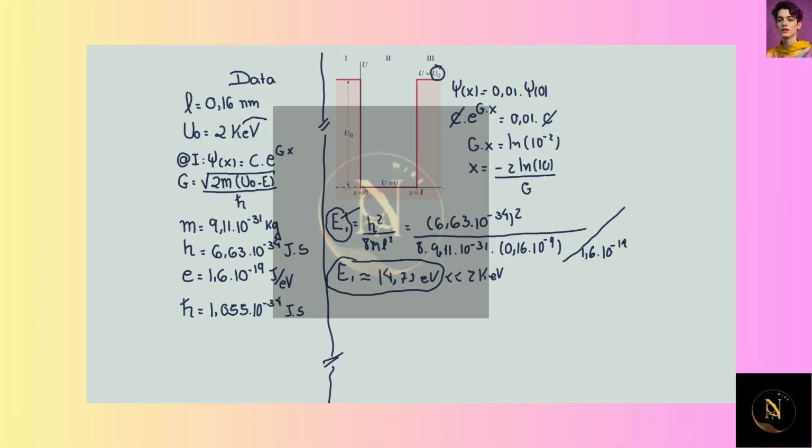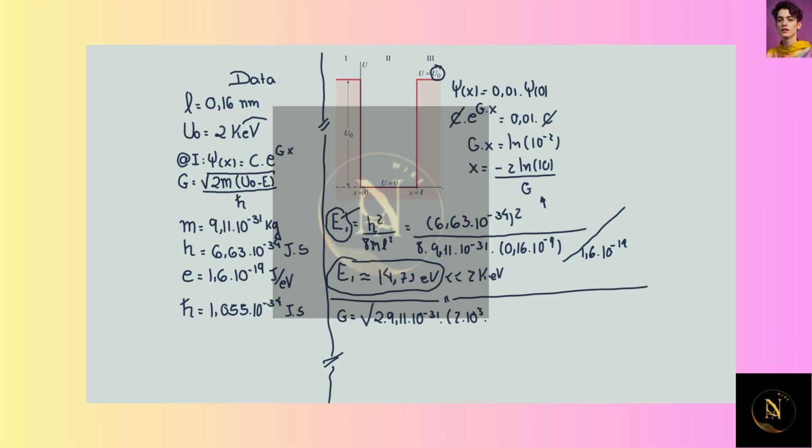Now that we know the value of the energy, we can calculate the value of G and plug in this expression to finish the question. Now let us evaluate G. G is equal to the square root of 2 times the mass, which is 9.11 times 10 to minus 31, times U0, which is 2 times 10 to the third, because we have a kilo, times electron volts.